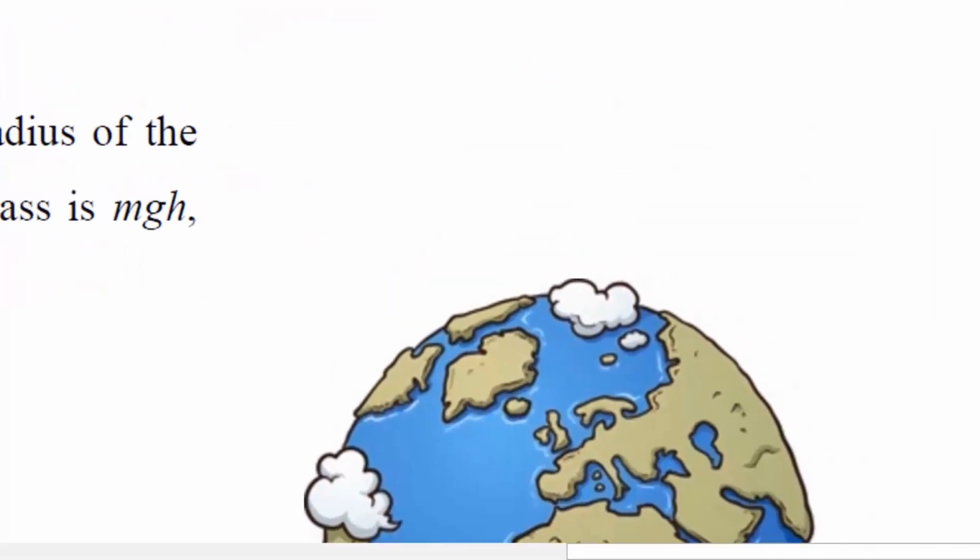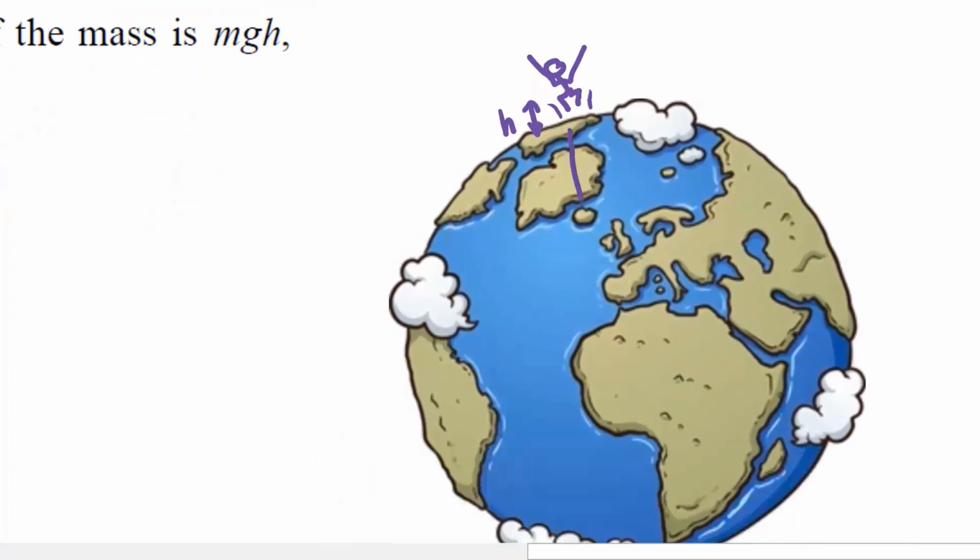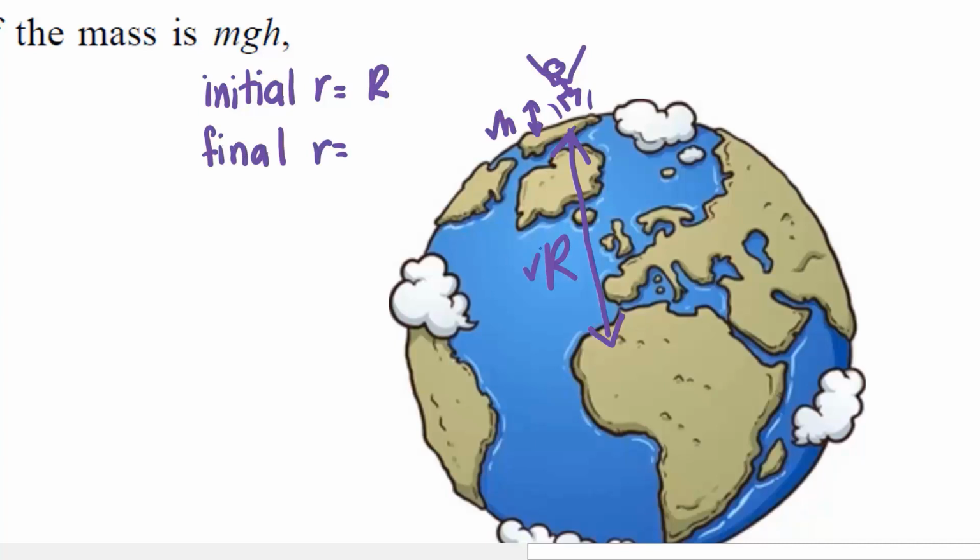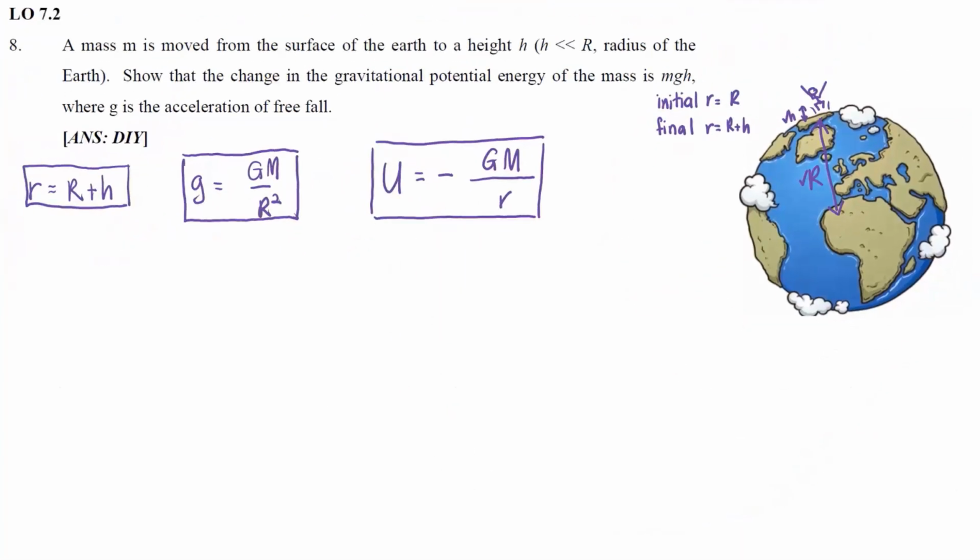Let's zoom in on this Earth. Okay, this is you, my dear. Try to jump from the surface of the Earth. The height is h, small h, and the radius of the Earth is capital R. Hence our initial r is the radius of the Earth, which is capital R, and the final r equals R plus h.